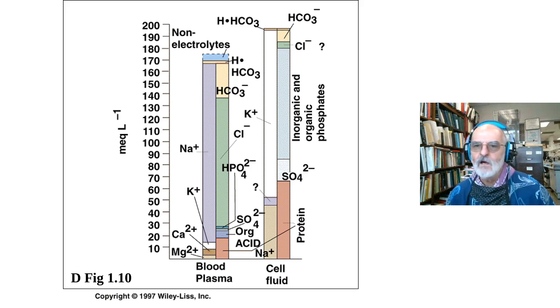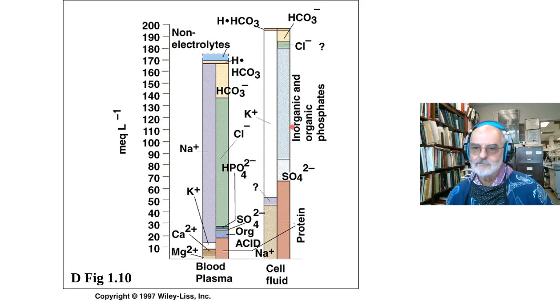All right. And then your anions are mostly bicarb and chloride ion with a bunch of other stuff. Notice there's some phosphate. There's a lot of protein. Notice there's a lot of protein in your plasma. Okay. And then there's some other things. But predominantly we have sodium, potassium, bicarb, and chloride ion.